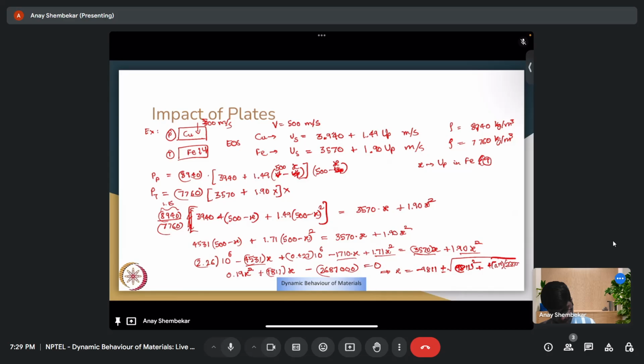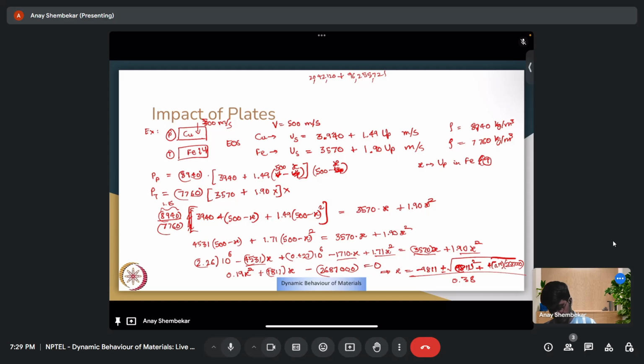0.126, which should look something like 4 into 0.19 into 2687000 plus 9811 square, so 96257, 9611 plus 2042120.